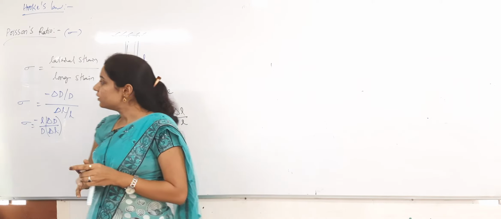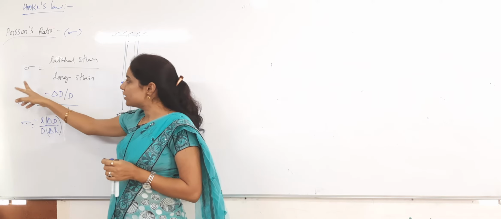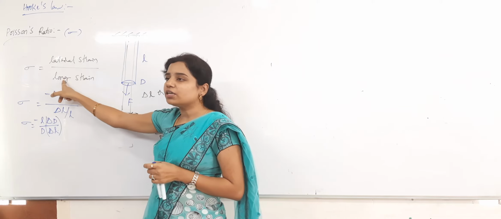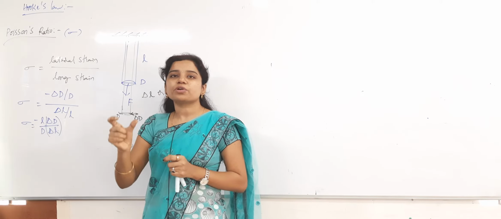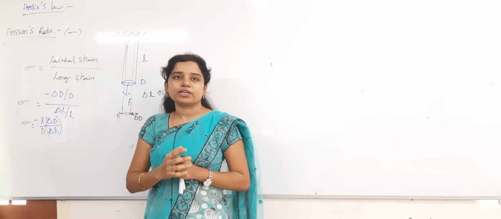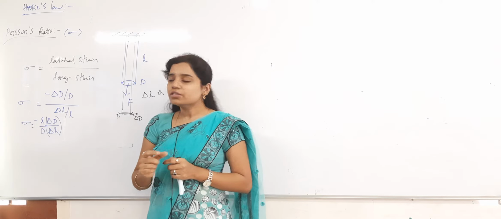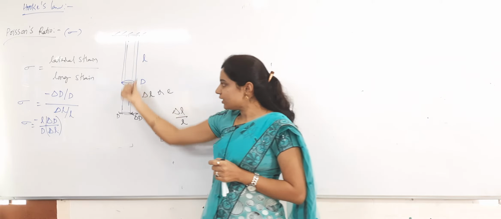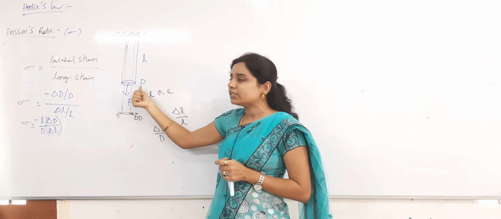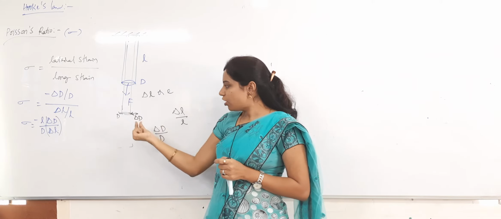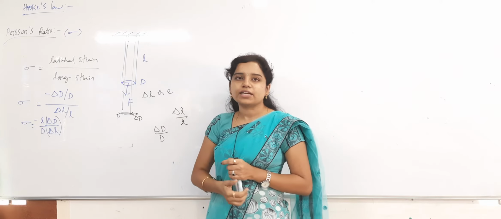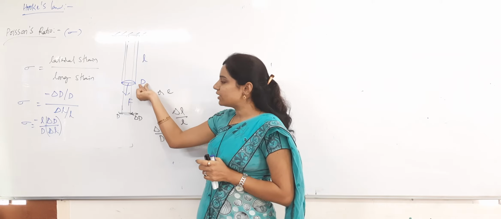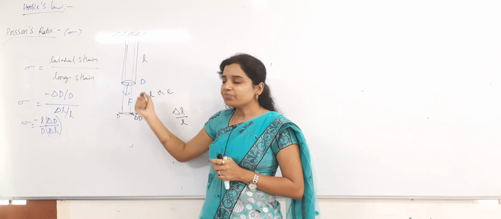So first of all, the Poisson's ratio is the ratio of lateral strain to the longitudinal strain. Lateral strain is the strain produced in the diameter of the wire, otherwise diameter of the rod. Whenever the length is increasing, automatically the diameter will decrease. How much it is changing? Delta D. The length is changing by delta L. So delta D divided by D is the lateral strain.